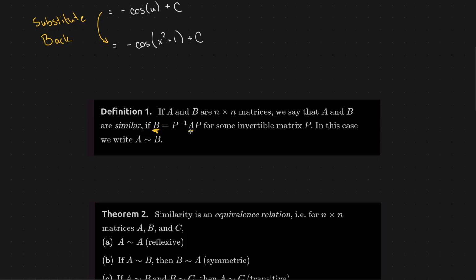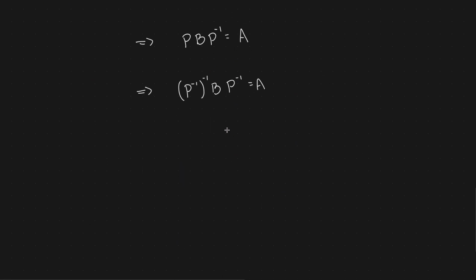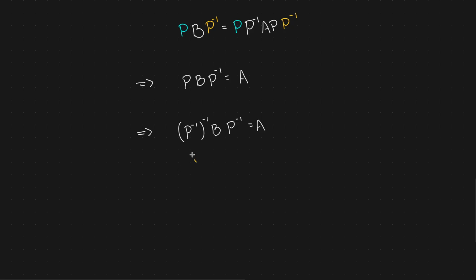This matrix is similar to this matrix if I have the inverse on the left, the original on the right. So the inverse of this on the left, and then the original on the right.